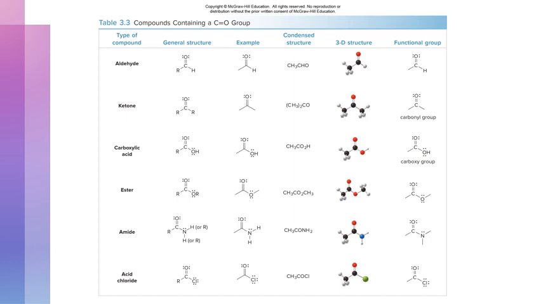So when you draw the Lewis dot structure, you can see that it's going to be carbon double bond oxygen. So the functional group is COOH attached to the R. And this is going to be RCOR. This one is going to be RCHO.